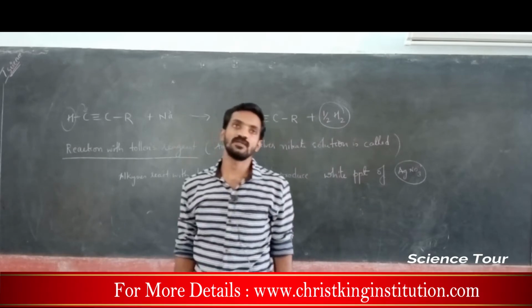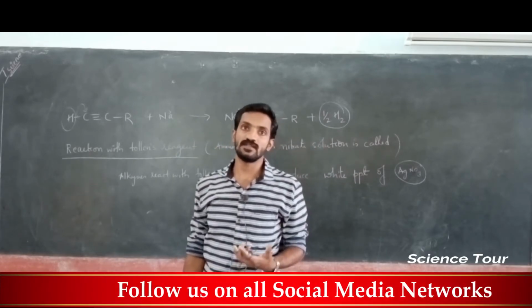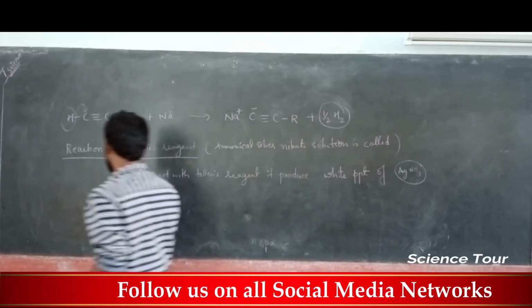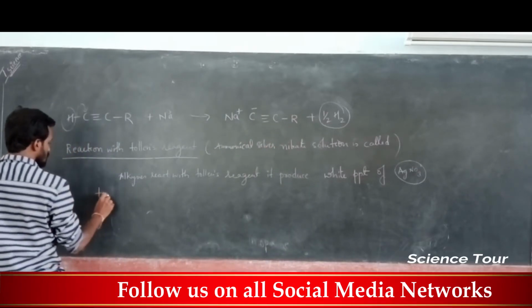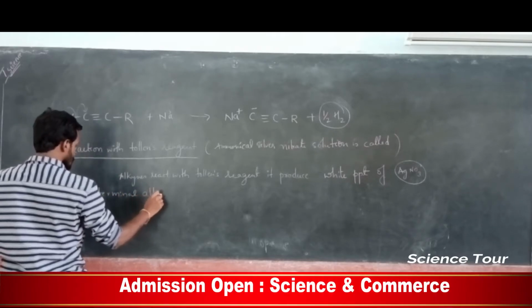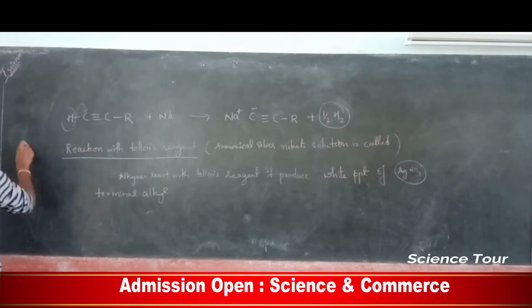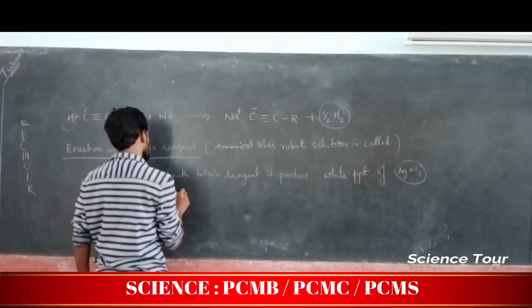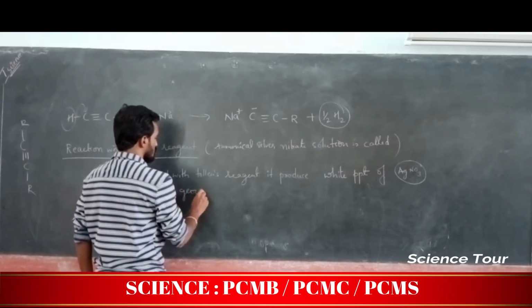So, mainly terminal alkyne reacts, terminal alkyl, that I explained, my dear students, CR triple bond C, this is called terminal alkyne.